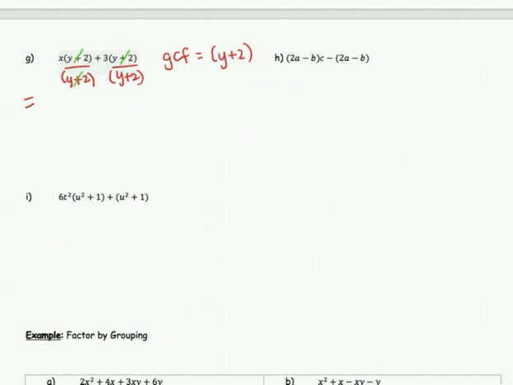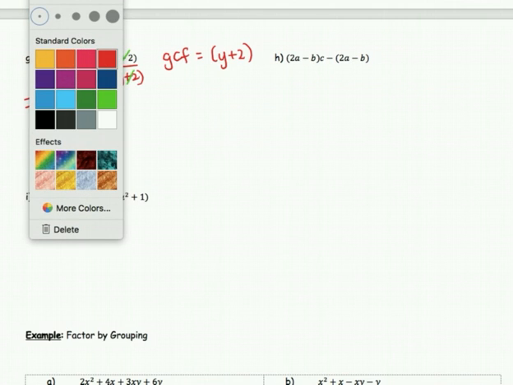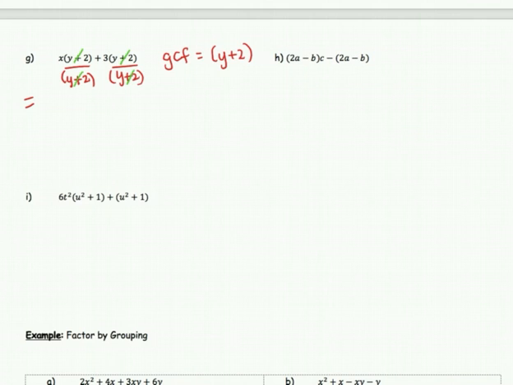These will cancel out, right? But you still have to follow the steps that you followed before, where you're going to take your greatest common factor and write it out here, write it in the brackets, okay? And then you're going to go through and cancel stuff out. So like these two will cancel out, y plus 2, y plus 2. That leaves me this x here. And for the next one, it leaves the plus 3, and then you put a bracket around it.